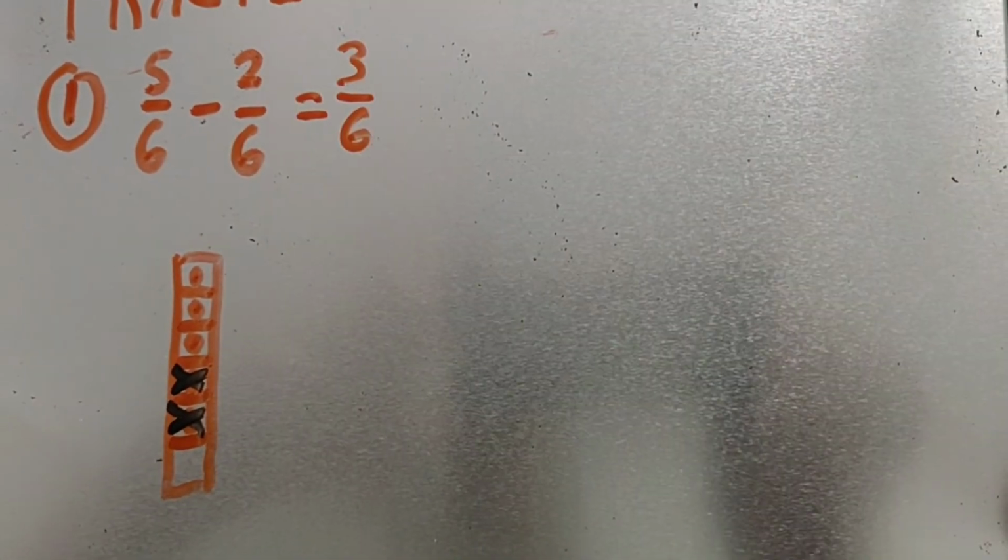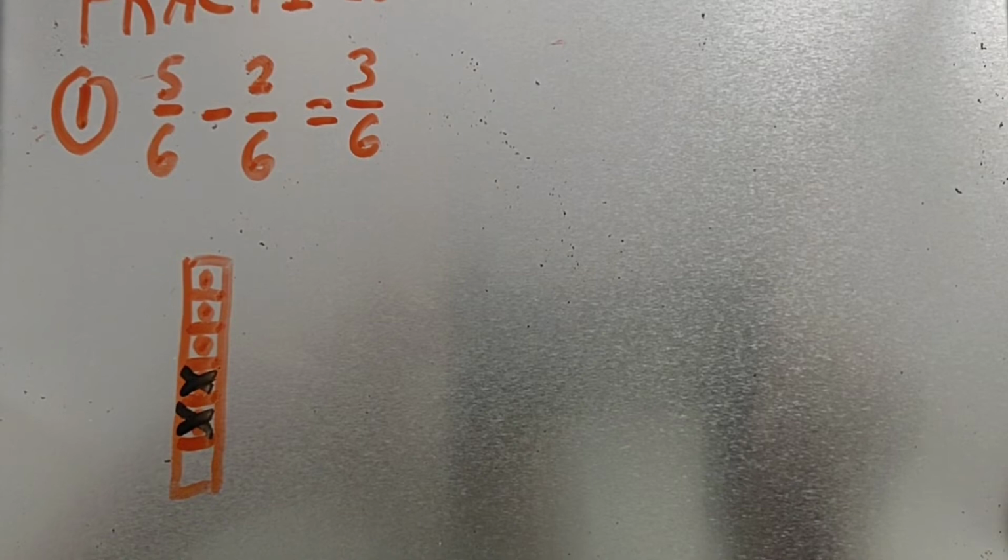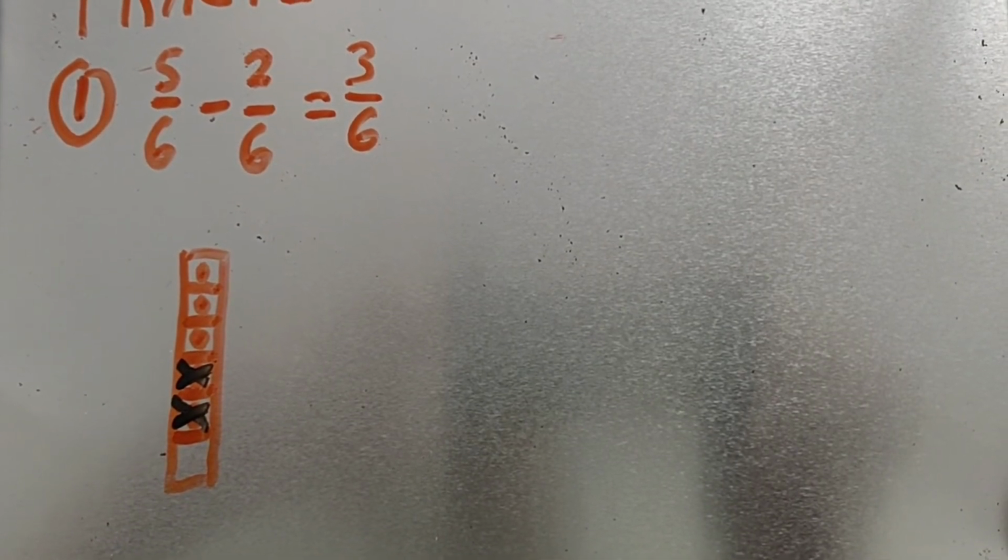So then I crossed out the 2/6 that we're taking away, and that leaves us with how many parts out of our 6-part whole? It leaves us with 3/6. So 5/6 minus 2/6 equals 3/6.